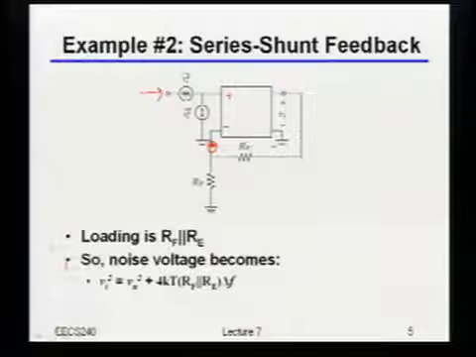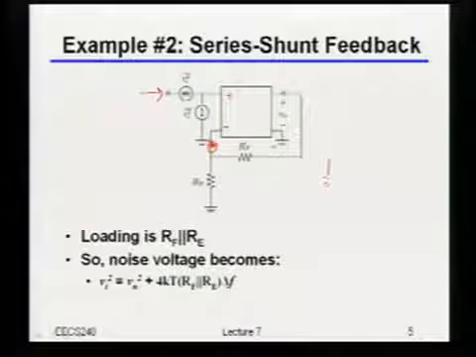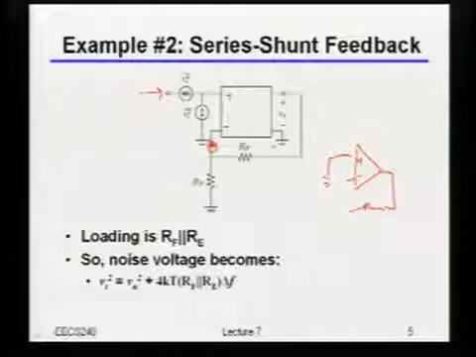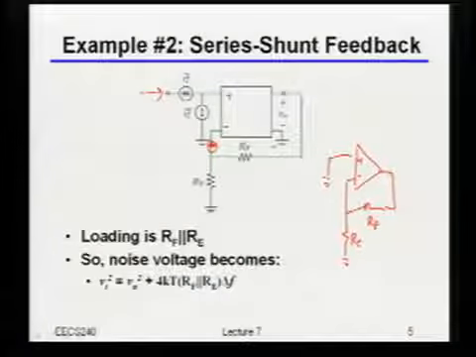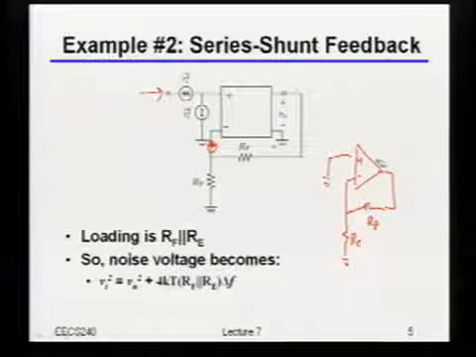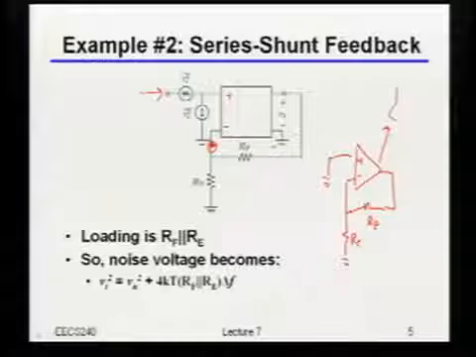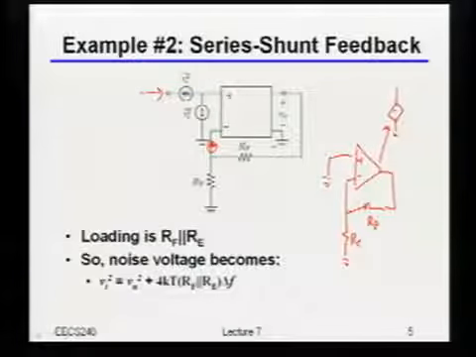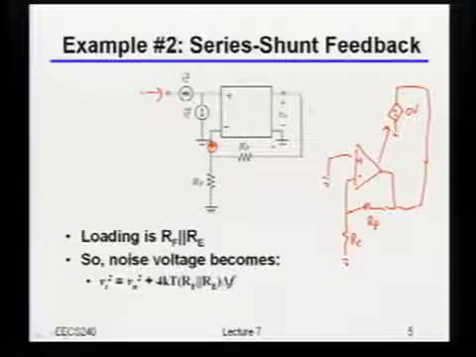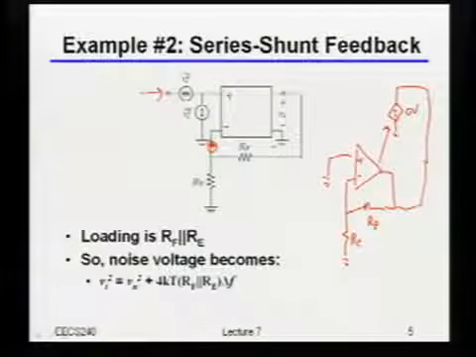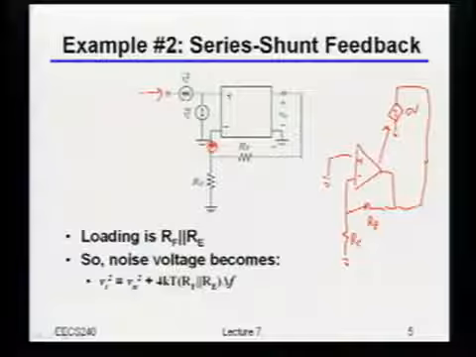Because remember with noise calculations, you always ground the input. That's like saying I have a grounded input into the amplifier, and then it's just feeding back through RE and RF, right? A grounded amplifier inside there is basically a 0-volt voltage source driving that RF. By the way, a 0-volt voltage source just looks like a short.